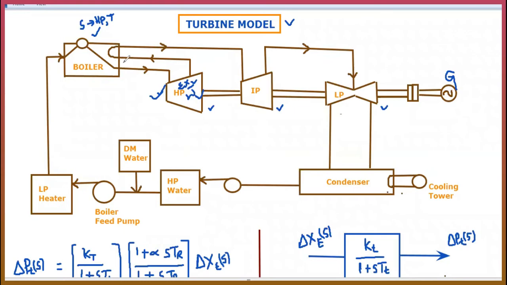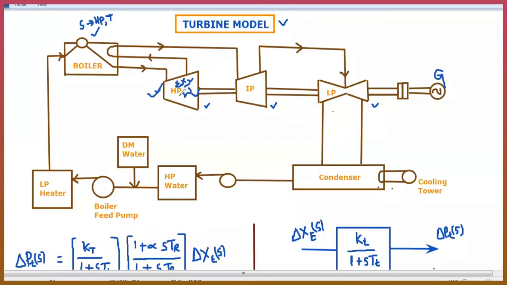That is how the steam with high pressure and temperature rotates the turbine shaft. After the work is done, the steam loses some pressure and also loses temperature.